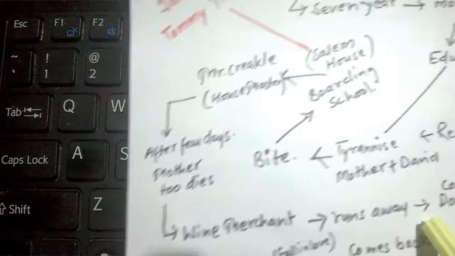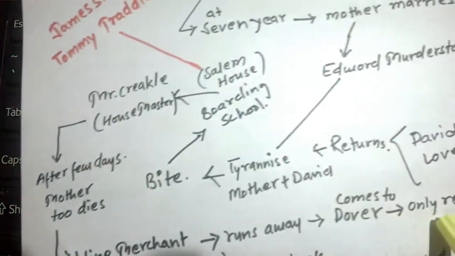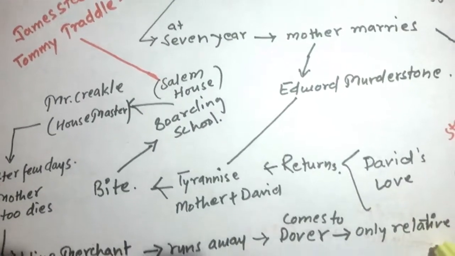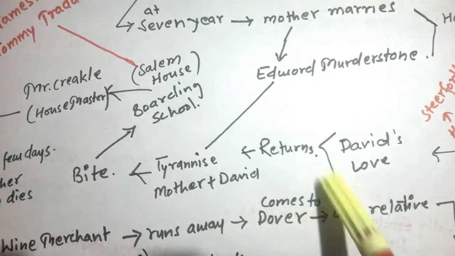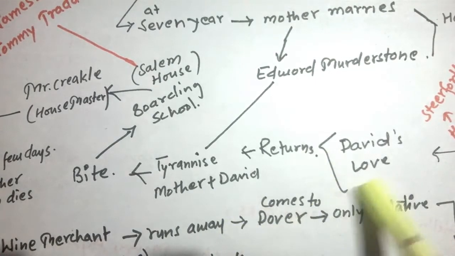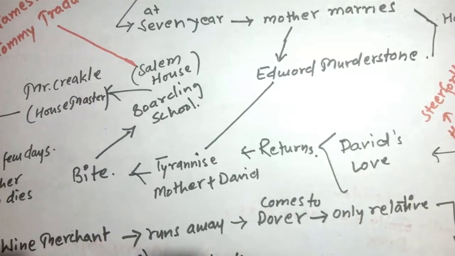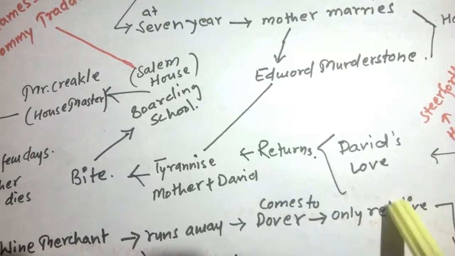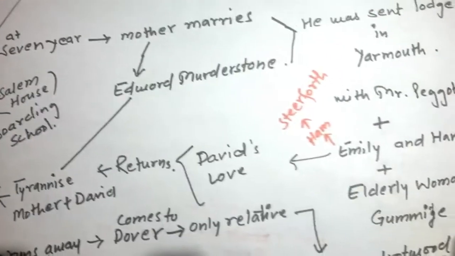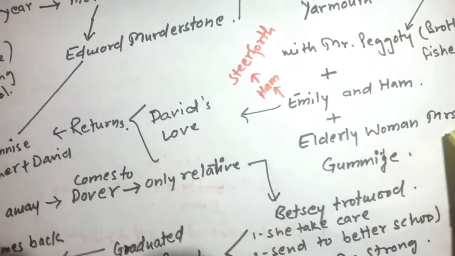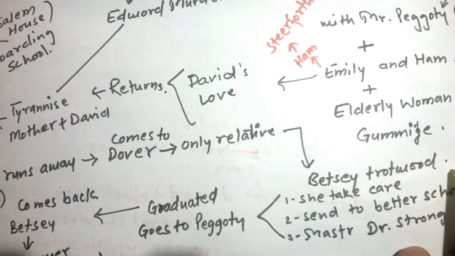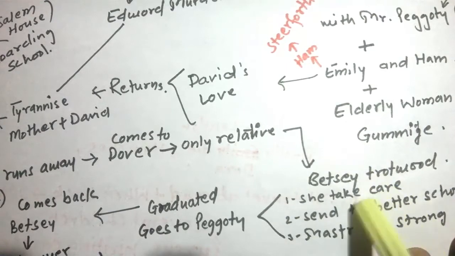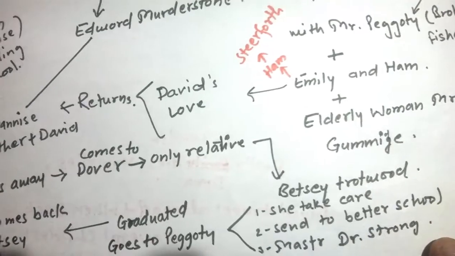He runs away and comes to Dover, and to reach Dover he has to walk on foot a long way. His only relative was there, and her name was Betsy Trotwood.